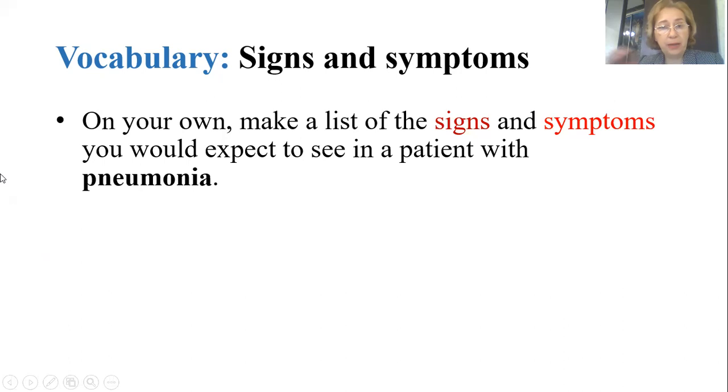Well, yes. And if we think of any signs and symptoms that we would expect to see in a patient with pneumonia, what are they? Signs and symptoms in a patient with pneumonia. What are they? Can I talk about the signs? Yes, please. Okay, so they have a cough, also fever, sweating and shaking chills, also shortness of breath.